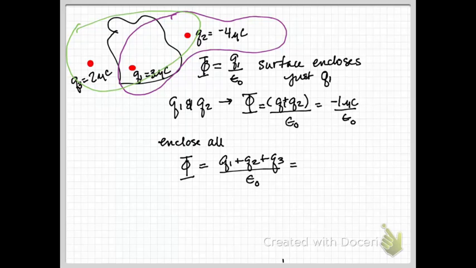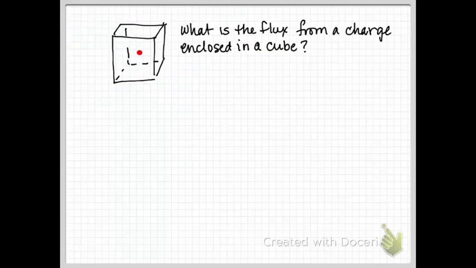And so that is 3 minus 4 minus 1 plus 2, which is 1 microcoulomb over epsilon naught. So it all depends on what's inside your surface.